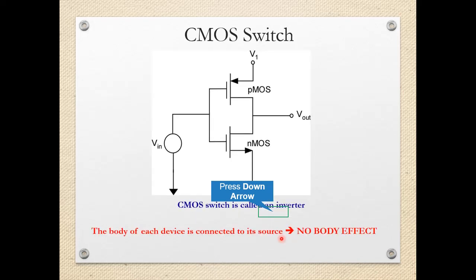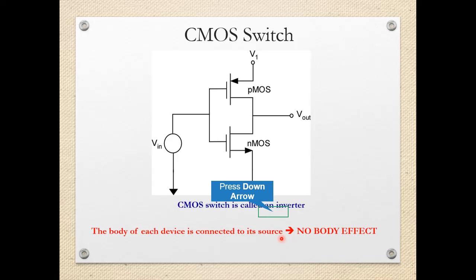Now we'll compare this with the CMOS switch. When we combine this PMOS and NMOS, we get a CMOS, that is the complementary MOS switch. In this switch, we are connecting the source of the PMOSFET to VDD and the source of the NMOSFET to ground.